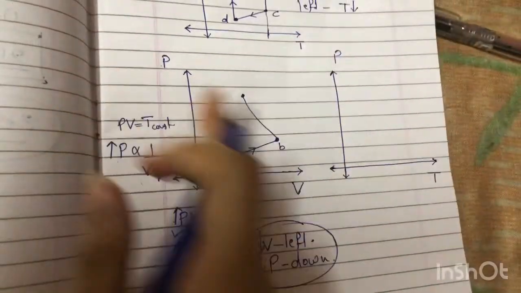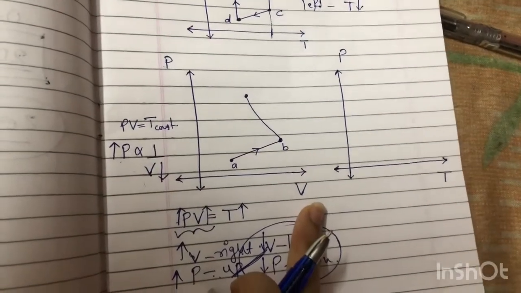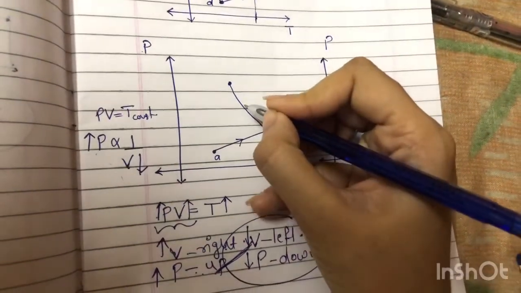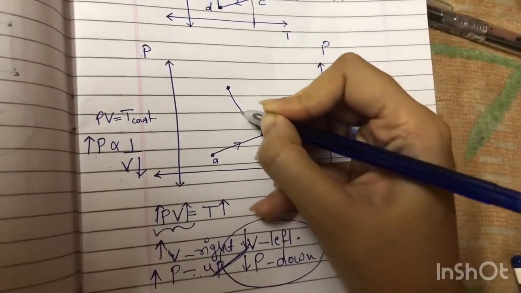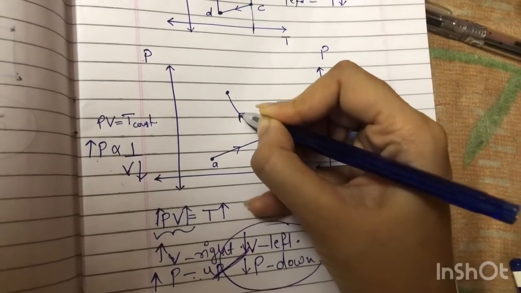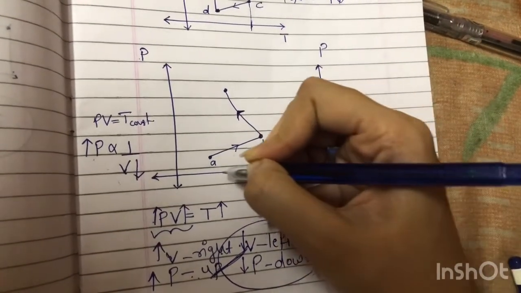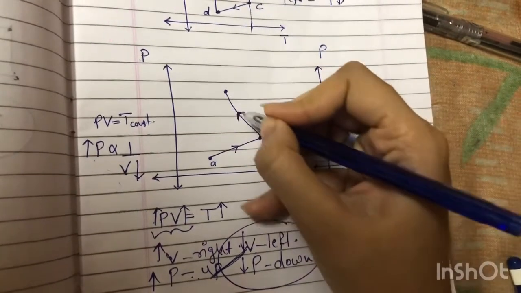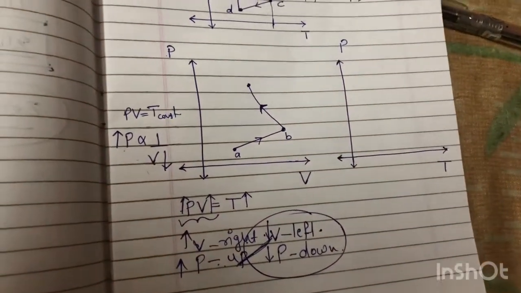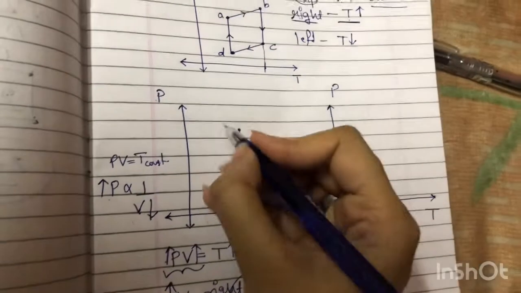Why a curve? Because a pressure-volume graph is always a curve. So this is B to C.